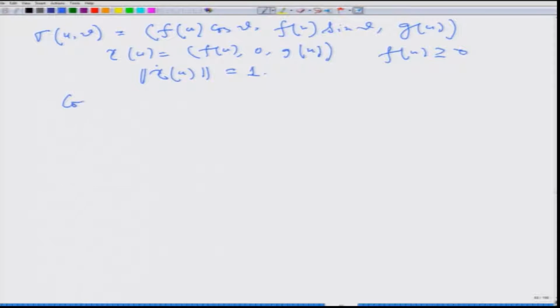Consider the Gaussian curvature, what we defined this week. K_G is the product of the two principal curvatures.